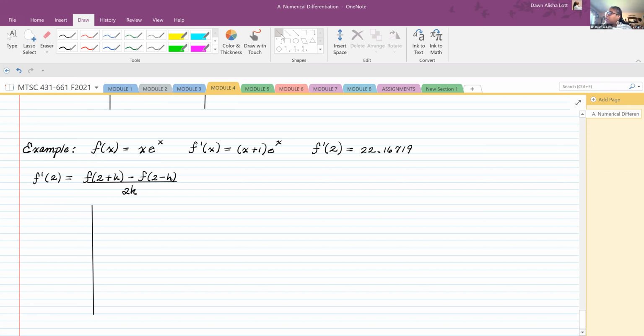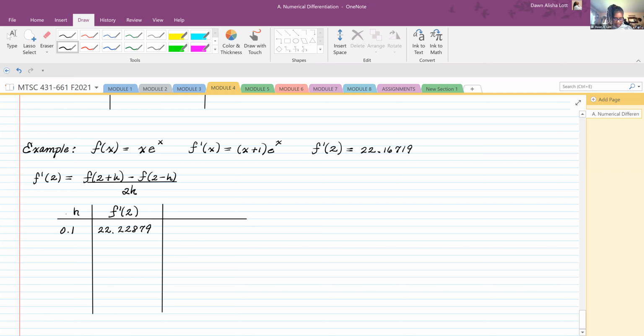So here's h, here's the approximation to f prime at 2, and then the error. So when we do 0.1, I get 22.22879.